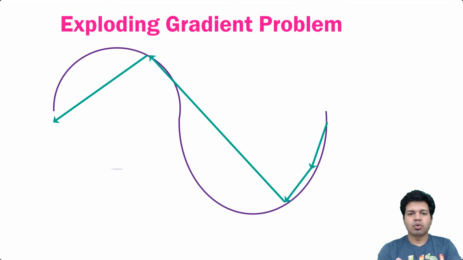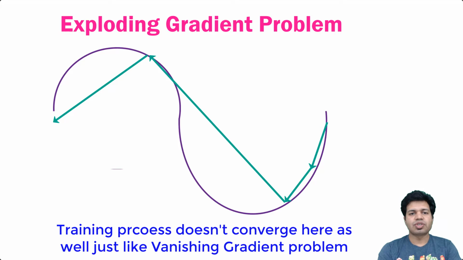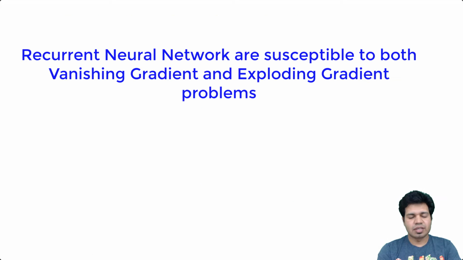So here also the training process doesn't converge, okay. So in a nutshell, training process will not converge if we have either vanishing gradient or exploding gradient problem or instance, okay. So recurrent neural network are susceptible to both of these problems, and hence it was very important to discuss about these two types of problems in this video, okay.